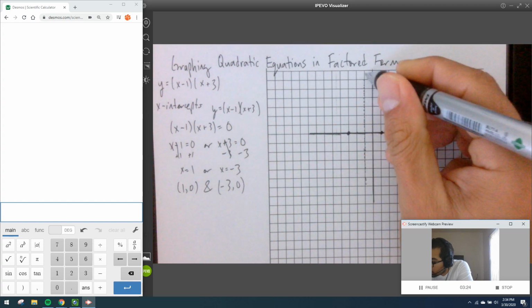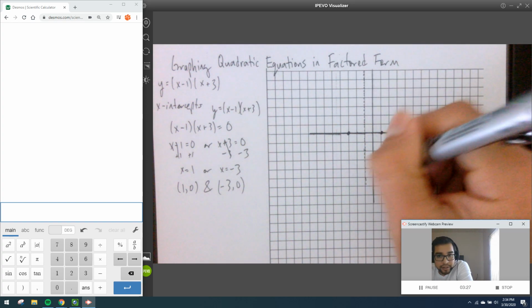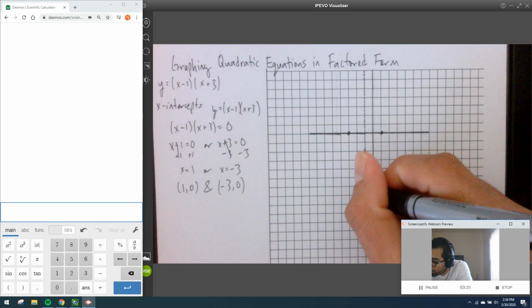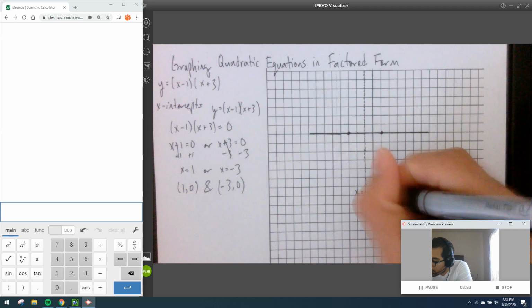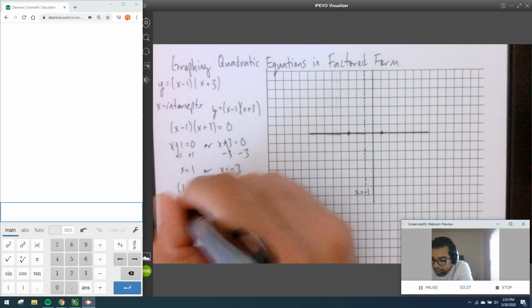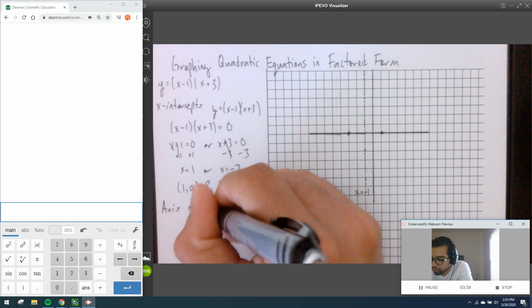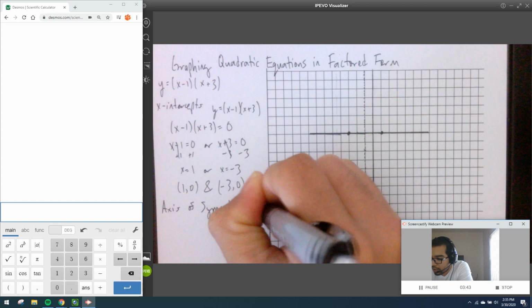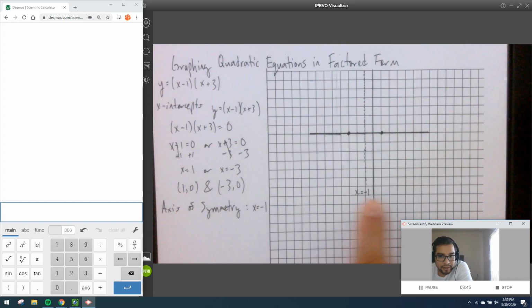Notice that it's at x equals negative 1. So I'm going to put that right here. X equals negative 1. So I have my axis of symmetry. The axis of symmetry is at x equals negative 1, right?